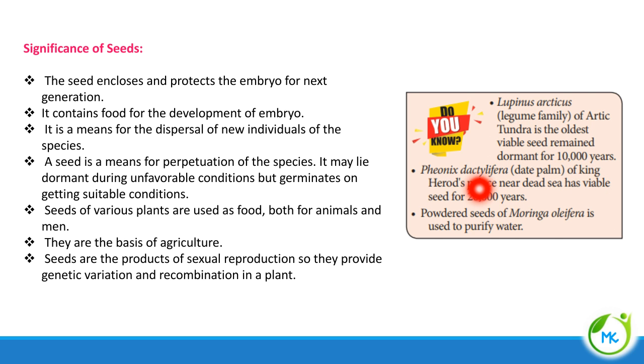And Phoenix dactylifera, date palm of King Herod's palace near Dead Sea, has viable seed for 20,000 years. So even for 20,000 years the seed may remain viable, that is active. And the powdered seeds of Moringa oleifera are used to purify the water. So for purification of water they are using the powdered seeds of Moringa.